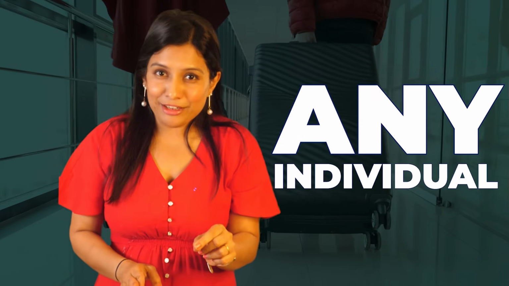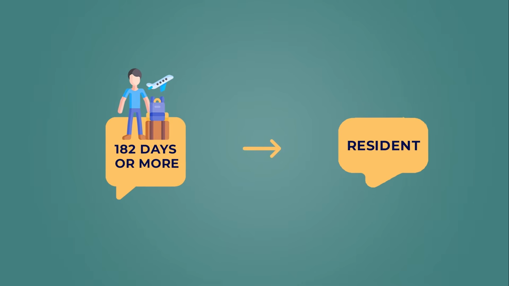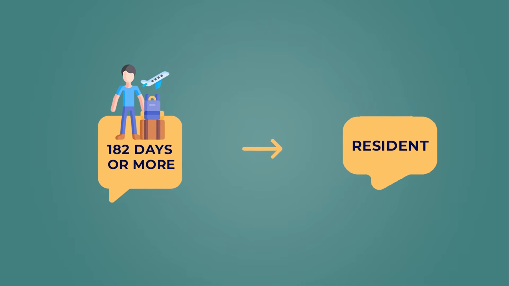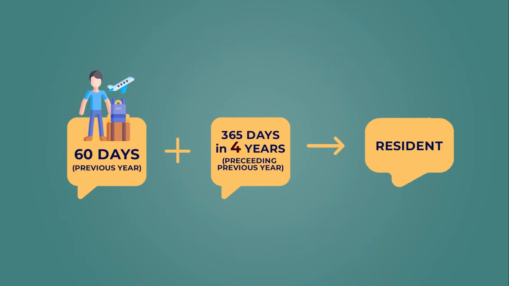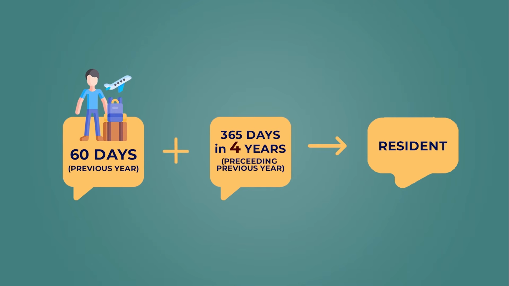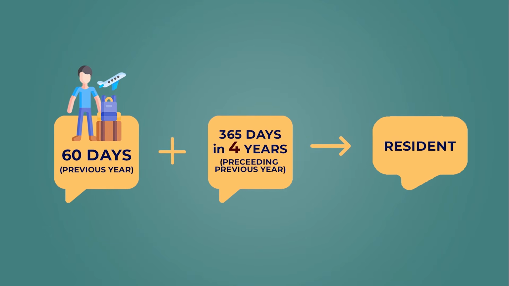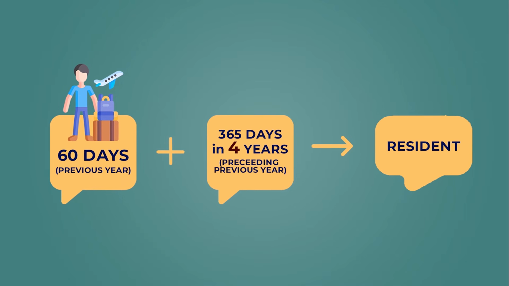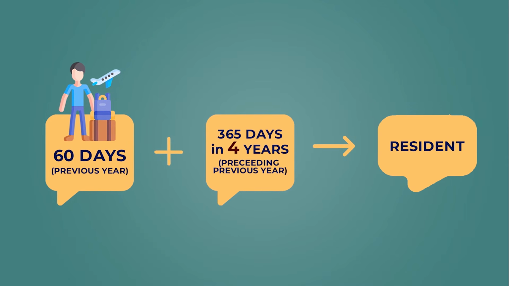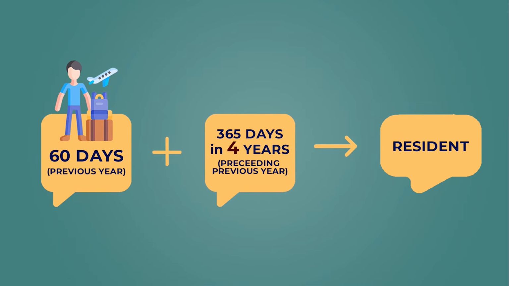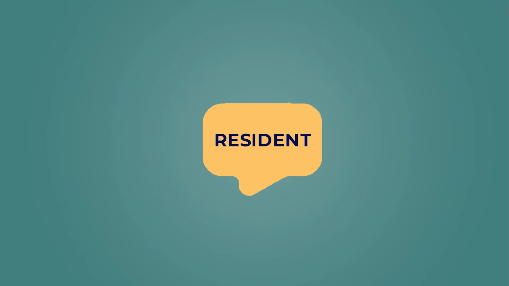And the third scenario is involving the cases of any individual. So that might include even the foreigner. In this case, we have to see whether the test A, which is 182 days and more, or test B, which is speaking about 60 days in previous year and 365 days in immediately 4 years preceding that previous year, is fulfilled. If that individual is fulfilling any of that, he ends up becoming the resident for tax purposes.